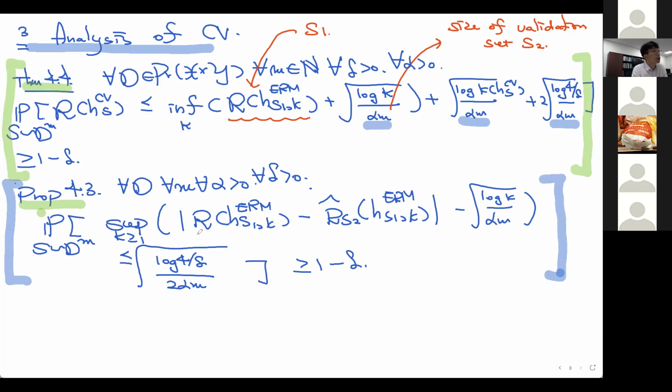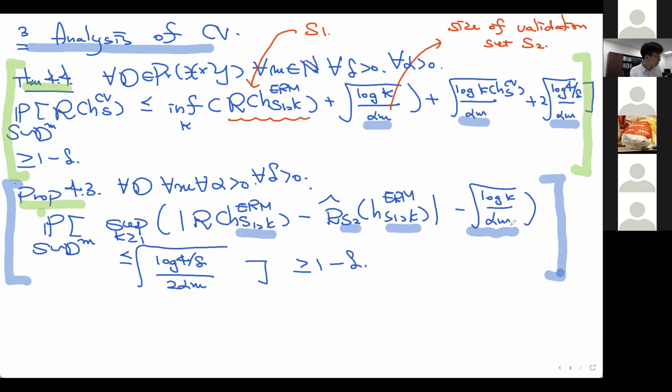It tells us that for every solution of empirical risk minimization, and each hypothesis, if we compare its risk and its empirical risk with respect to S2, they are very close, modulo these extra penalty terms that we are putting there. So it's the usual uniform bound that we have seen so far.